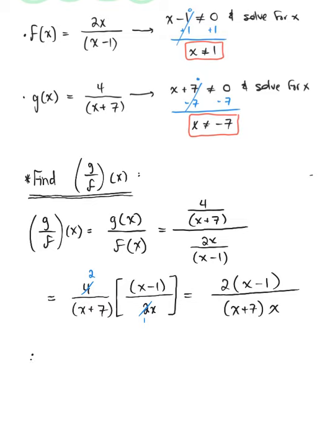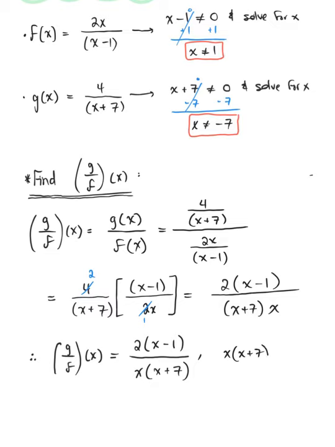So, therefore, our final answer here for g by f of x is equal to 2 times x minus 1 all over x times x plus 7. And now we know by definition of a rational function that our denominator cannot be equal to 0.